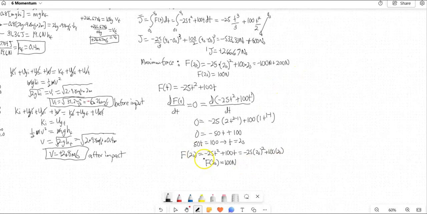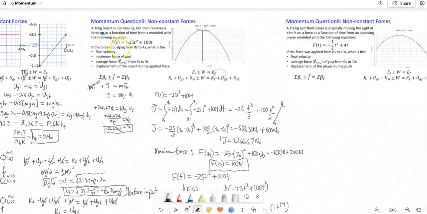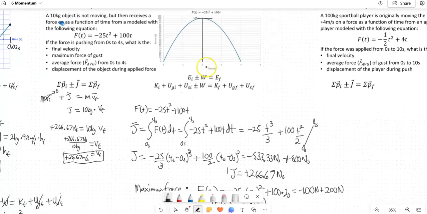So that's how you get the maximum force of the gust. There are 2 ways to do that. And since it's nice and convenient, and we know it's from 0 to 4 seconds, you could see at that parabola, that is going to be the maximum force.